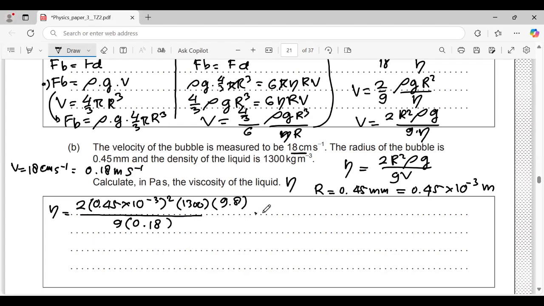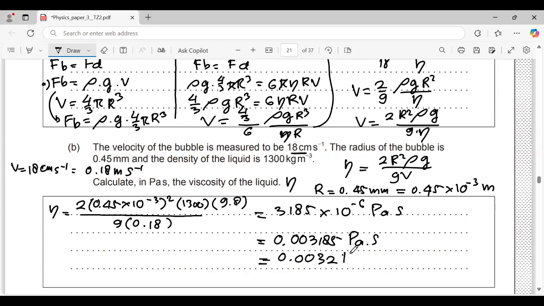So if you calculate, the result is 3.185 times 10 to the power minus 3 Pascal second. Or you can write it in decimal, 0.003185 Pascal second.